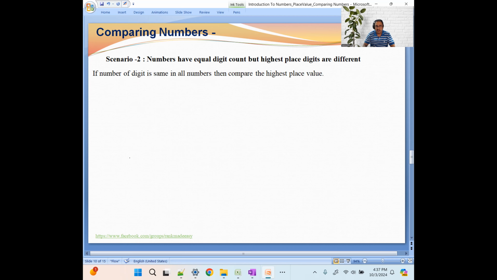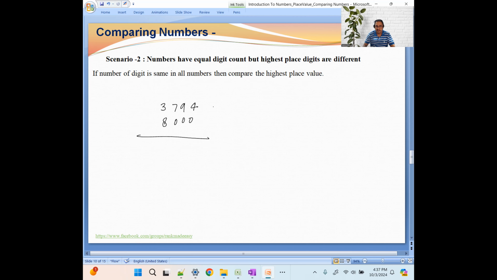Okay. Second scenario, numbers have equal digit count, but the highest place digits are different. Let us say you want to compare two numbers which have equal digit count. We will write two such numbers. So we have to compare these two numbers.